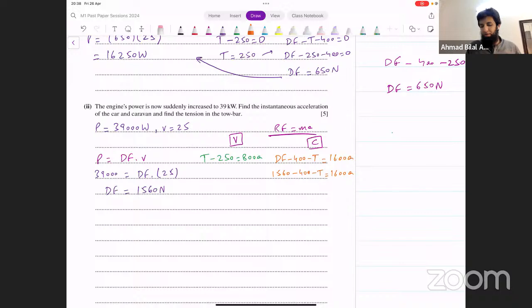From the second equation, we get T equals 1,560 minus 400, that will be 1,160, minus 1,600 times A. What about tension? Tension equals 250 from the other equation, it becomes 250 plus 800 times acceleration.